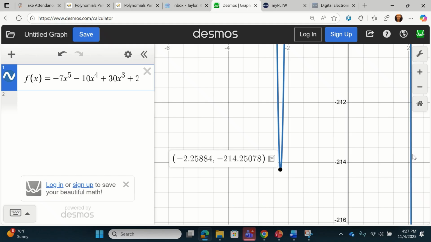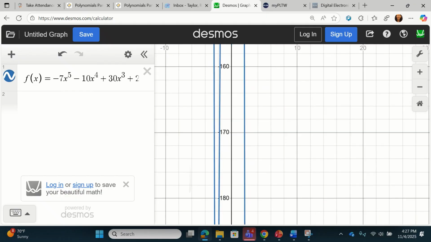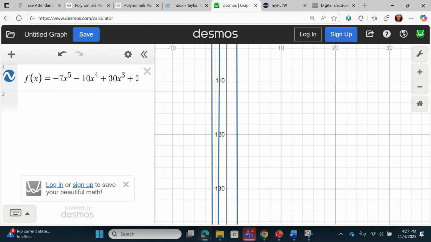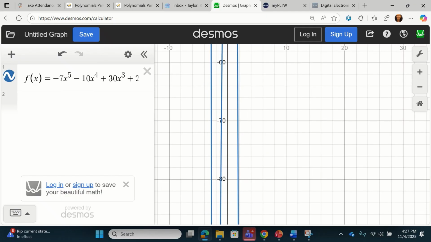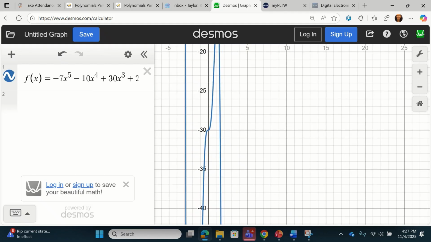And I know that because if I hop over here to the right, I can come up with points that are lower. Okay, so where I am right now, like the negative 215. Now, we can look up here, and there was another one at the negative 30, so we must almost be there. Right in there.